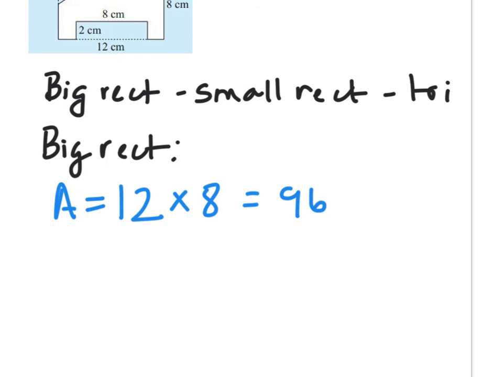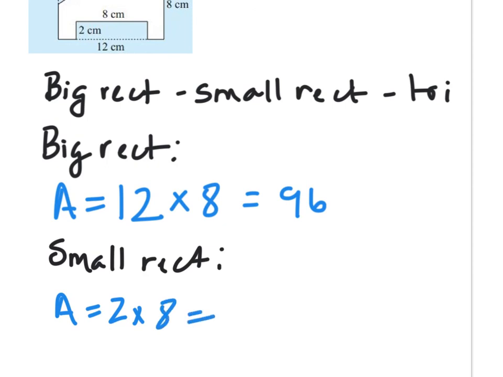Now, let's find the area of the small one. Okay, so 2 by 8. Area equals 2 times 8, which is 16. And by the way, this is centimeters squared.